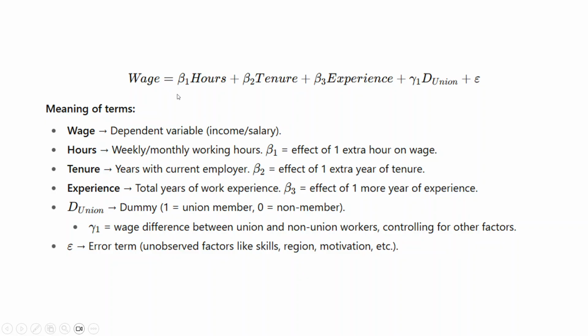Wage is affected by hours, tenure, and experience. So the t-test will check individually: is hours contributing, yes or no; is tenure contributing, yes or no; is experience contributing, yes or no. ANOVA is the joint contribution: hours, tenure, and experience, are they jointly affecting wage or not?